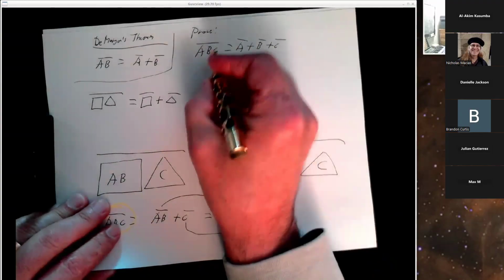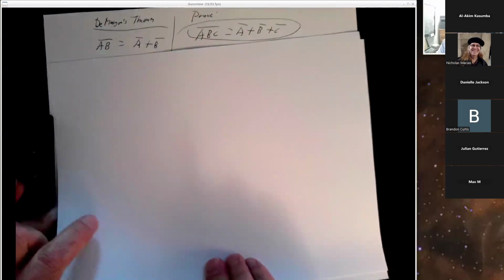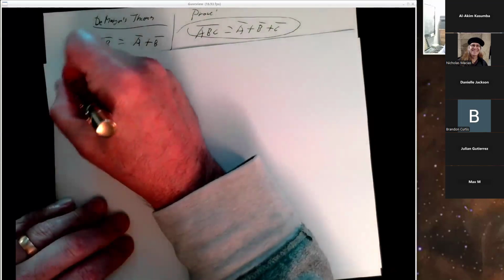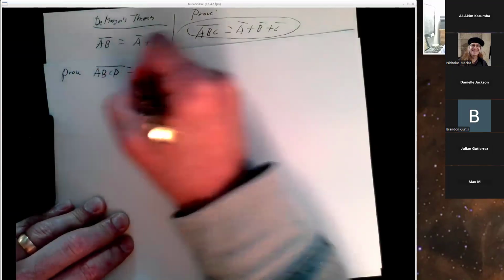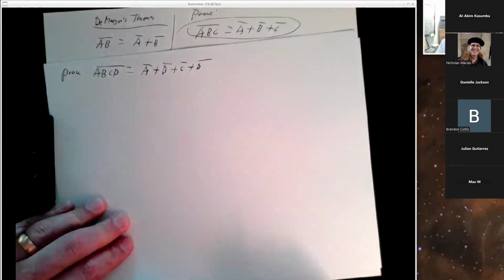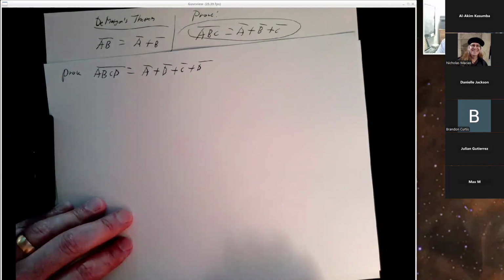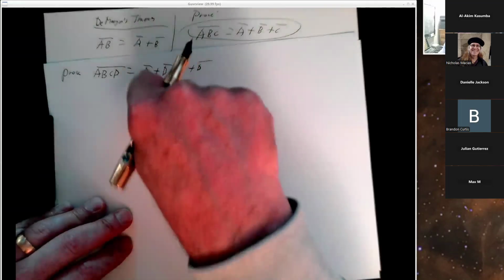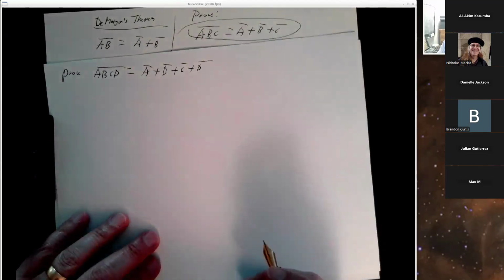So I've got this new version of De Morgan's theorem for three variables. But suppose someone says prove this. Prove that it's true for four variables. Can we do this? Yes, absolutely.